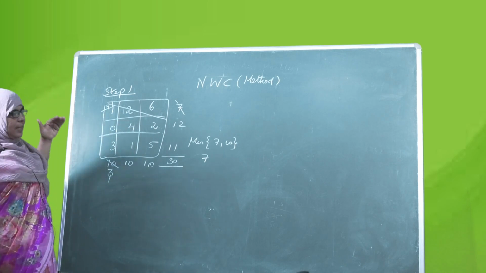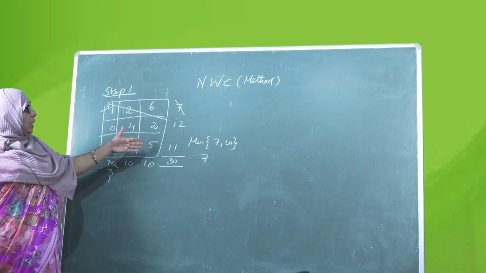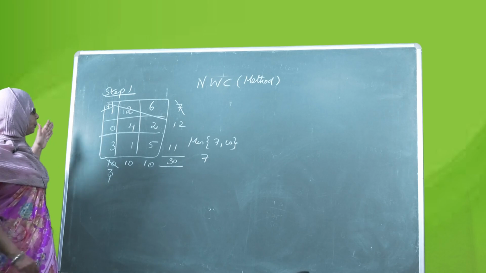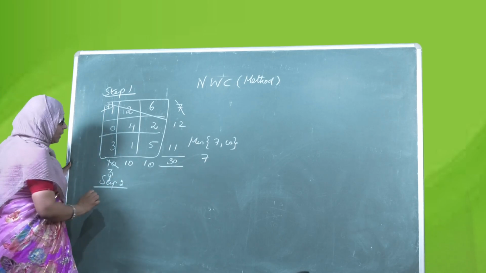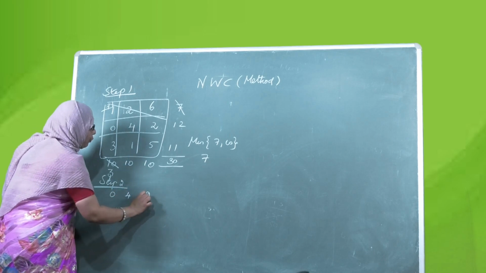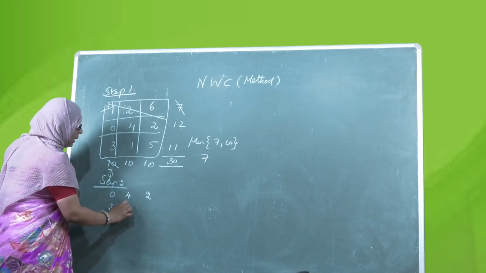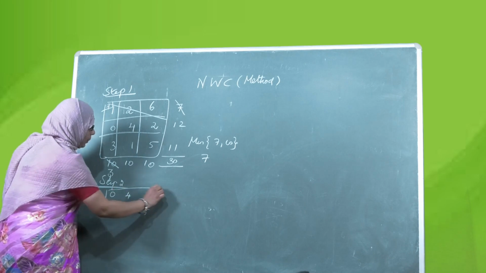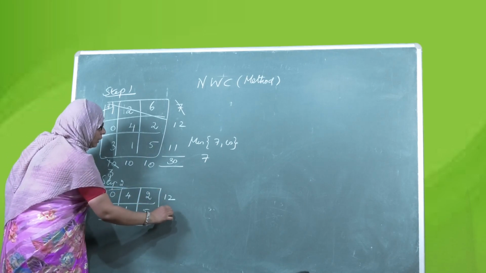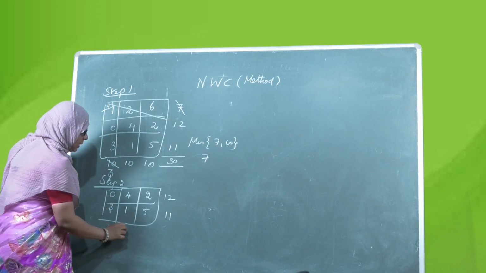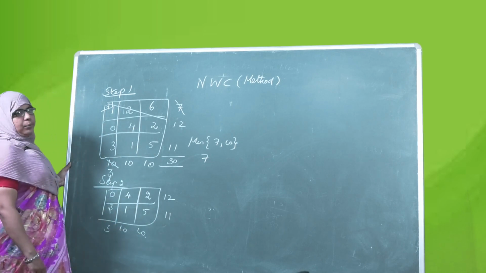So you move on to step 2 for the remaining elements. Step 2, what is the remaining element? 0, 4, 2, 3, 1, 5. So 12, 11, 3, 10, 10.